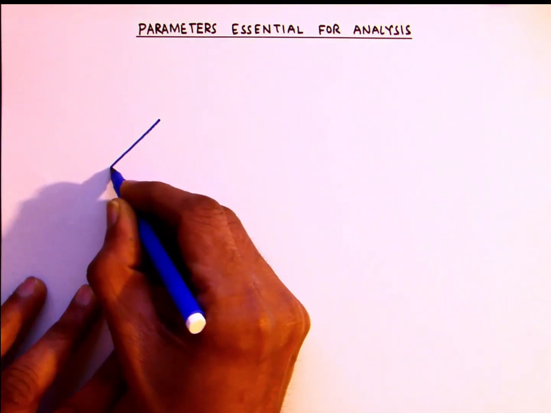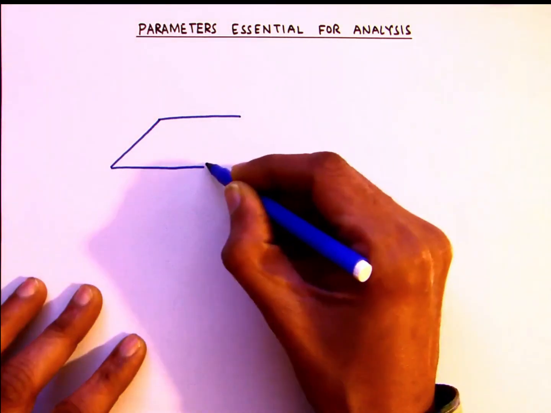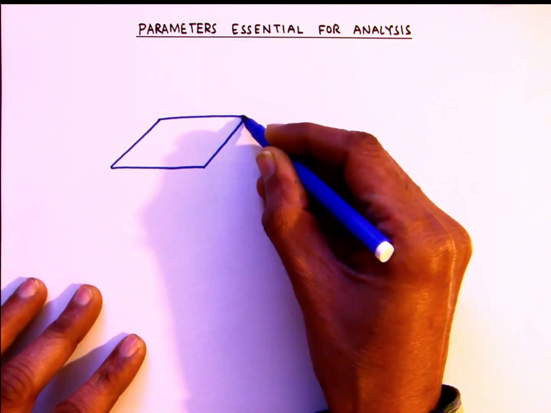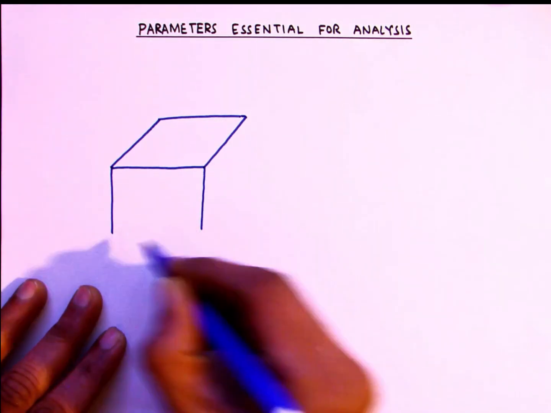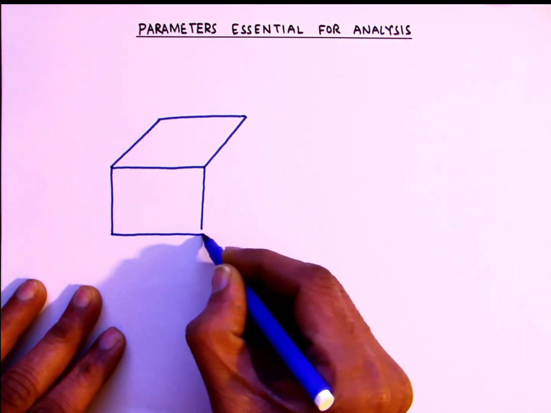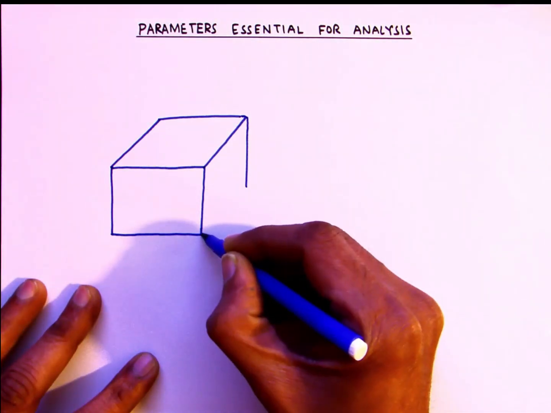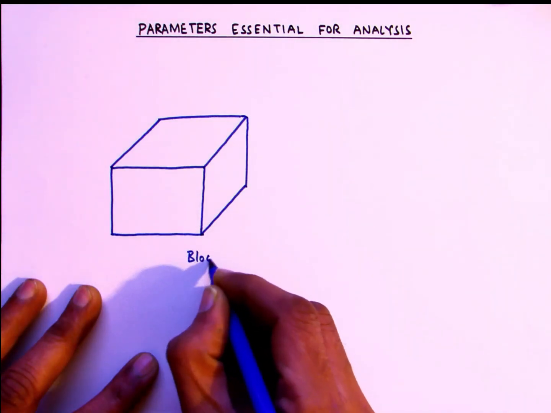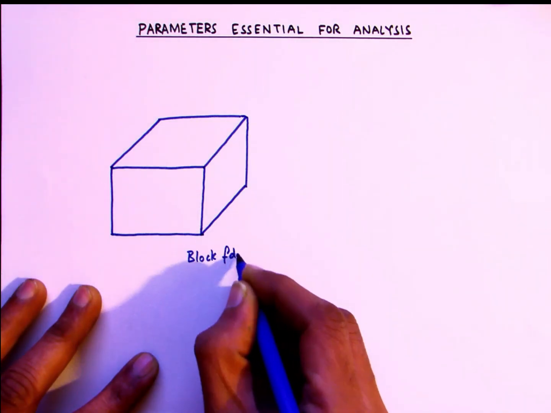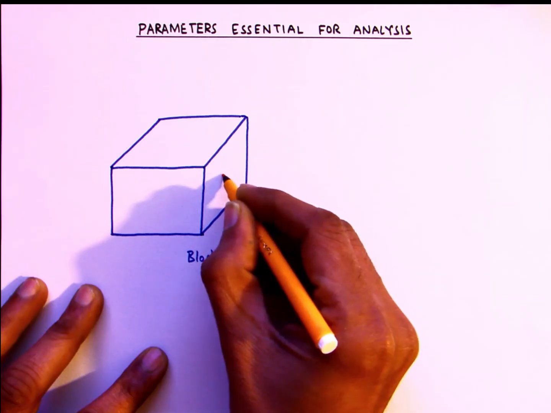Before listing the parameters, let us just visualize the different types of vibrations which a typical block type foundation undergoes. So in general, if we draw the system of axis, we choose the system of axis such that the x and y axis are in the horizontal plane and z axis is vertical.